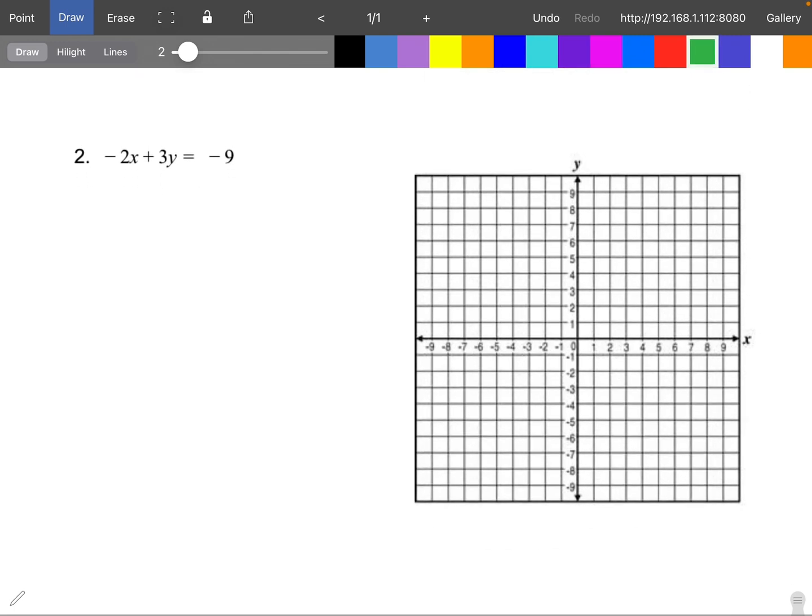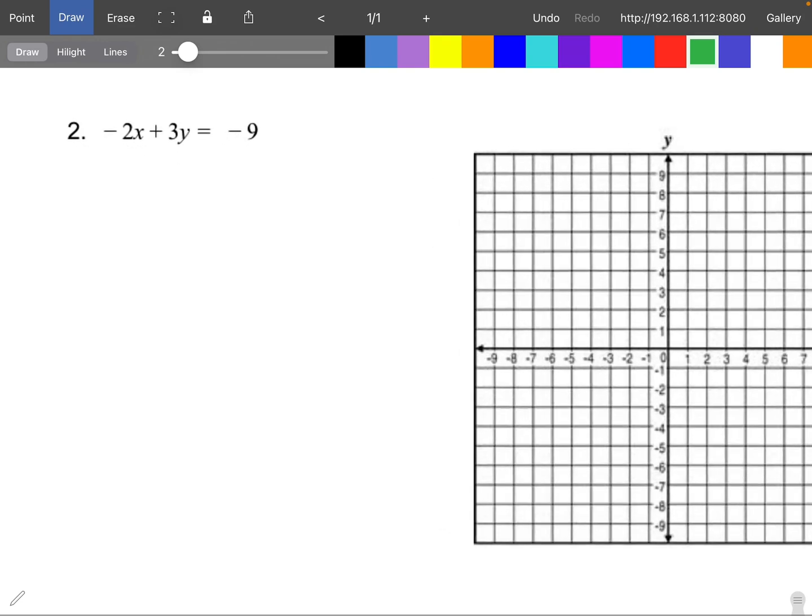So for this one, we also want to get it into slope-intercept form, meaning solve for y. So the first thing that I want to do is move that x term over. Well, since it's a negative 2x, I'm going to add 2x. And then I'm also going to add 2x over here. So my 2x's cancel, leaving me with 3y equals, and again, negative 9 and positive 2x cannot combine.